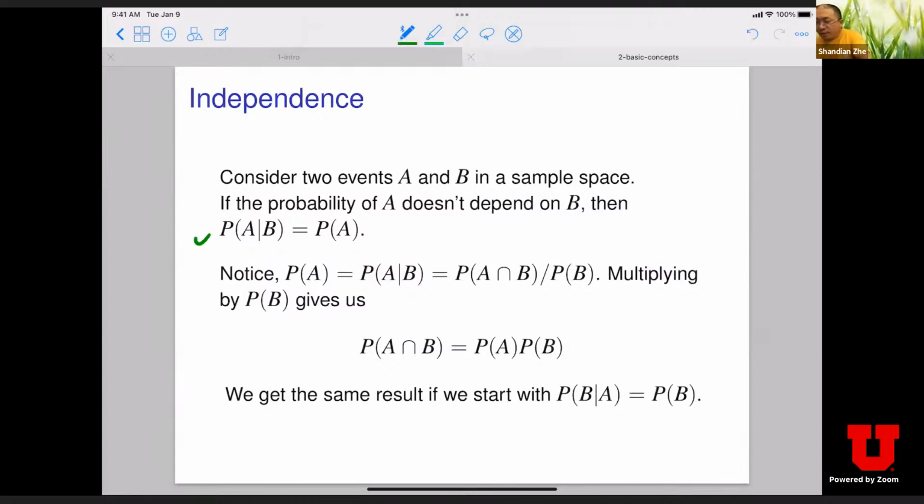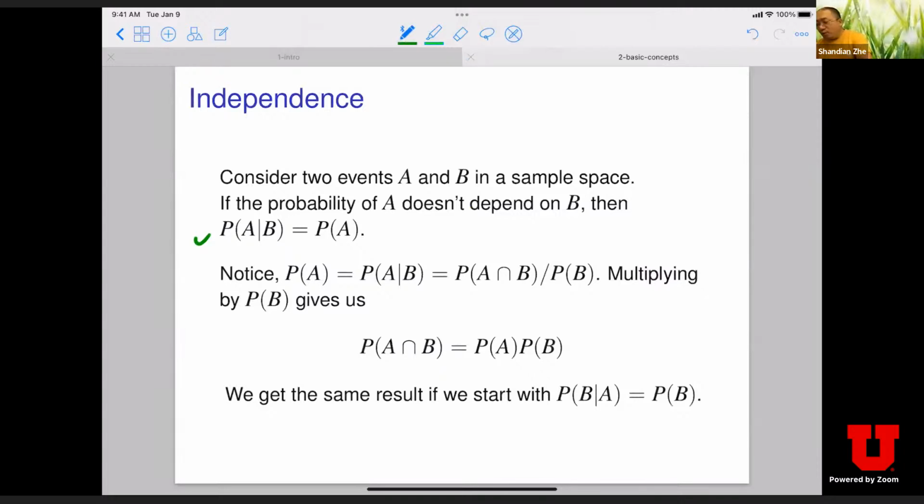So we can define independence in another way, right? If the conditional probability of A given B is just the marginal probability of A. So intuitively it says that given B or not given B actually doesn't affect my chance that A happens or not. Okay, so A and B are independent.